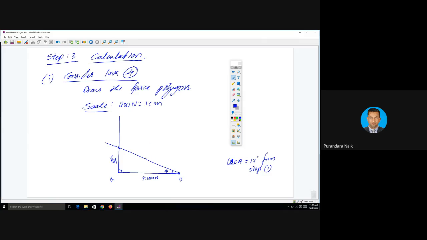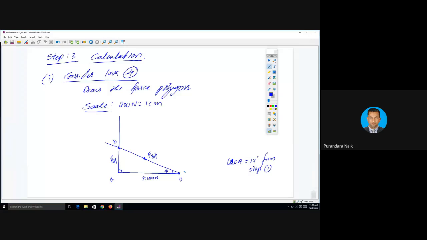Correct? What is this? This is F34. Now tell me the answer. This is point A, point B.